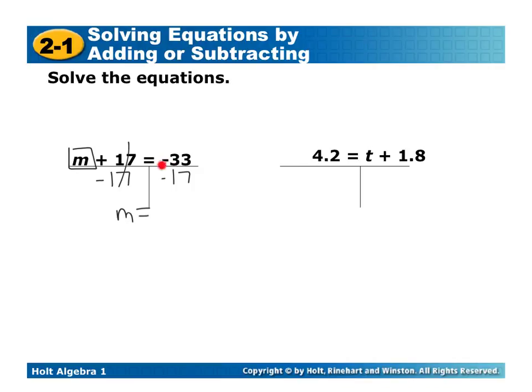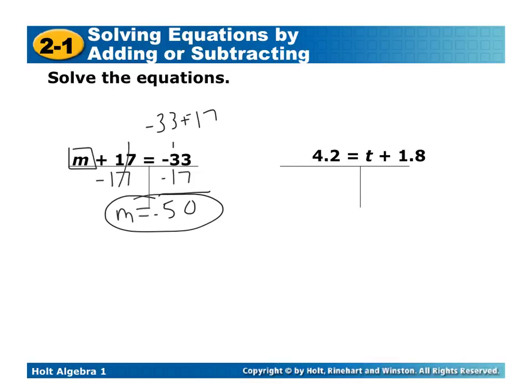So negative 33 minus 17, remember we could rewrite as negative 33 plus a negative 17. So we're actually adding these numbers together. So when we do 33 plus 17, we're actually going to get 50, but since they're both negative, it would be negative 50.